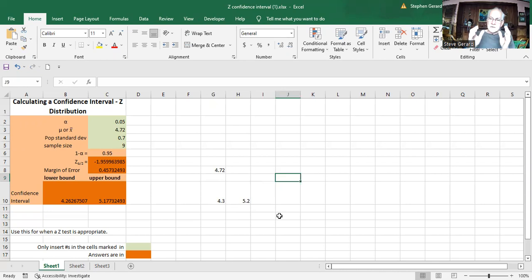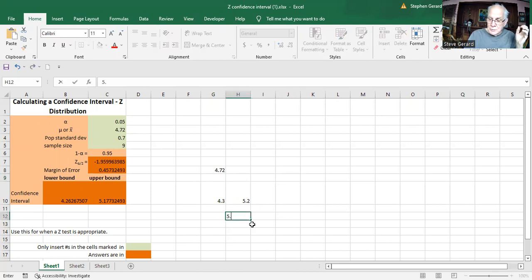I'm using a different anchor point in this, which is the sample mean as opposed to the population mean. But the population diameter is 5.08, I believe I've had. And that is within this distribution.